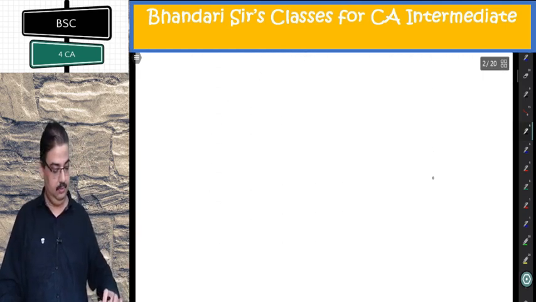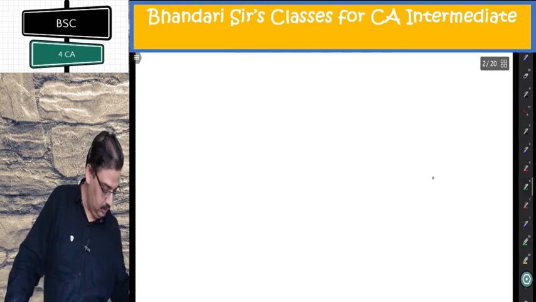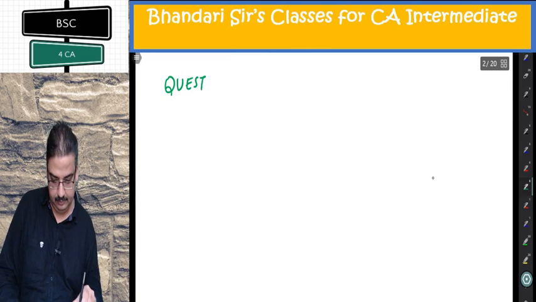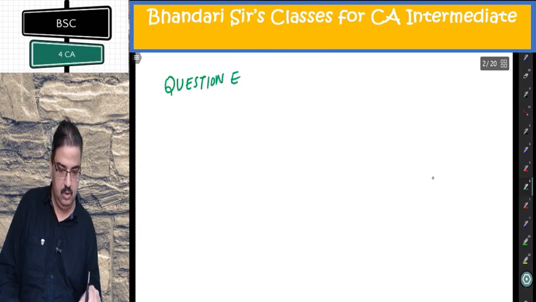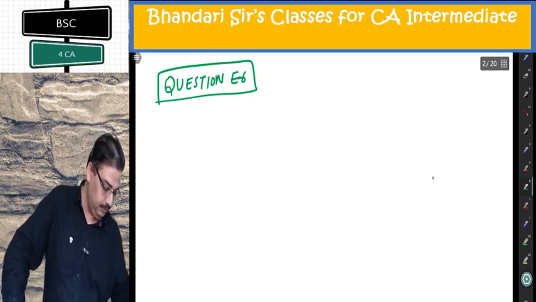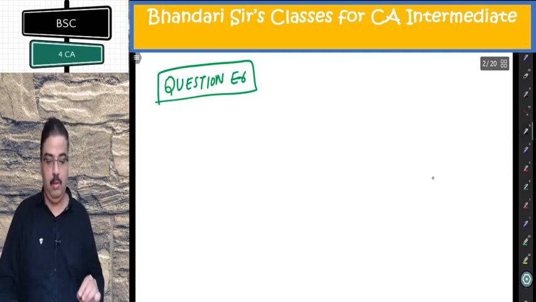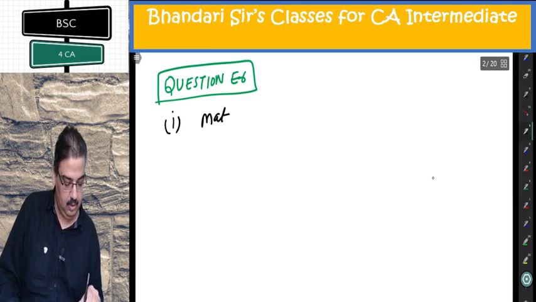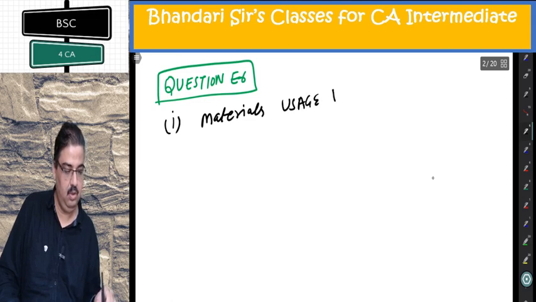Next question, E6. Similar question, 8 things wanted. So we go one by one. First point, materials usage variance.